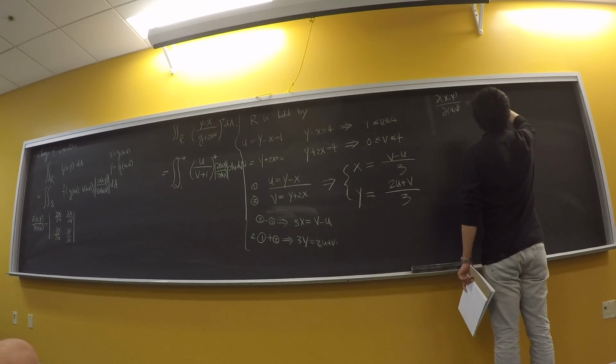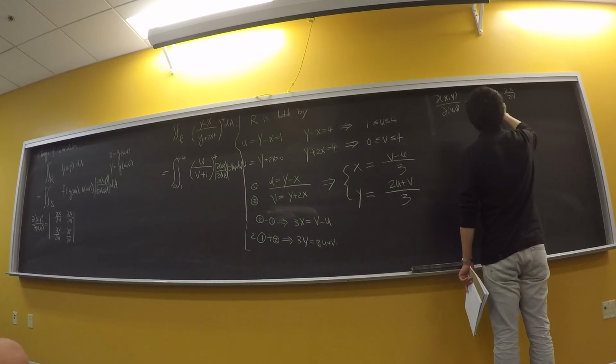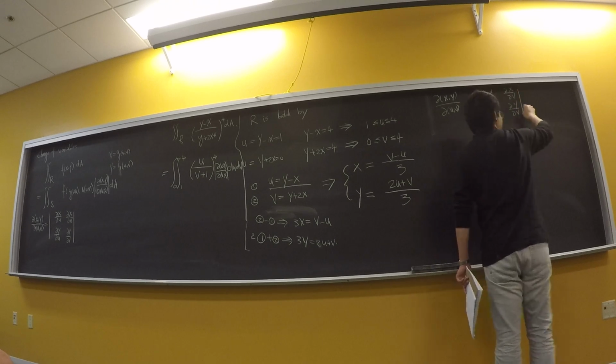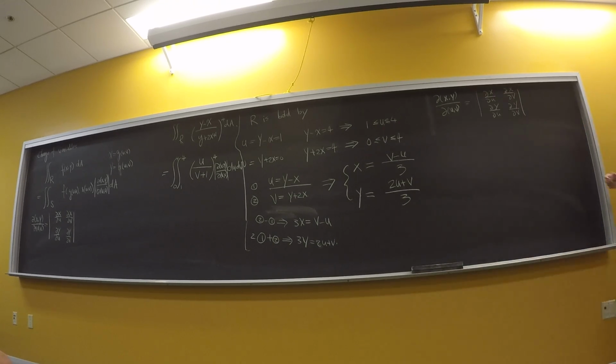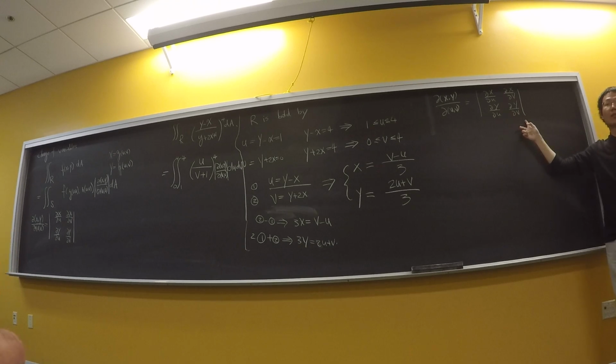So partial x, partial u, partial x, partial v, partial y, partial u, and partial y, partial v. Again, I want to stress this order of the 2 by 2 matrix. The first row is with respect to x. Second row is y, first column is u, second column is v. Right? So this is the 2 by 2 matrix.